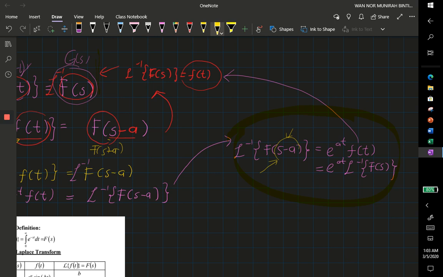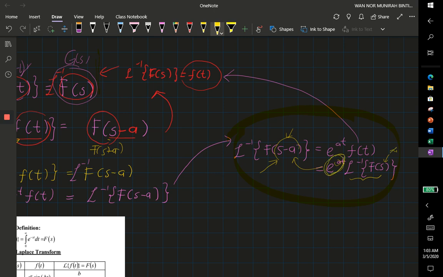What I need to do is take out e^(at) first. You just write down e^(at), where this a comes from your s minus a. Then, after you take out e^(at), you need to erase all your a. Then take the Laplace inverse of the remainder, which is your F(s), because the minus a here is already taken out.